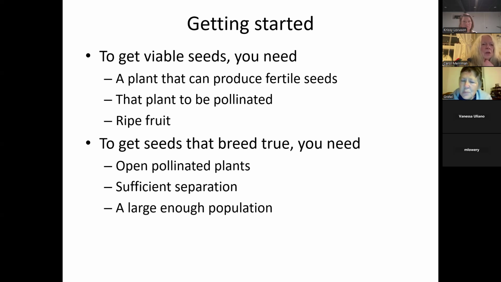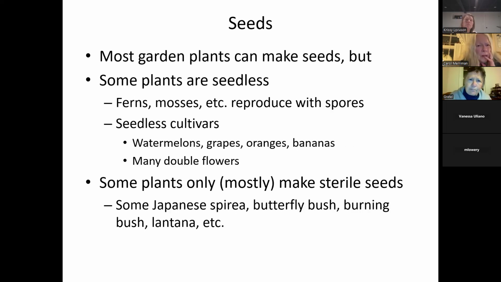You need it to breed within that cultivar, and you need a large enough population, which only affects a few plants in a meaningful way. For some reason, if you have fewer than about 200 corn plants, there's this thing called inbreeding depression, and the viability of the seed goes downhill fast, the vigor of the seed. But with most things, a few plants is enough.